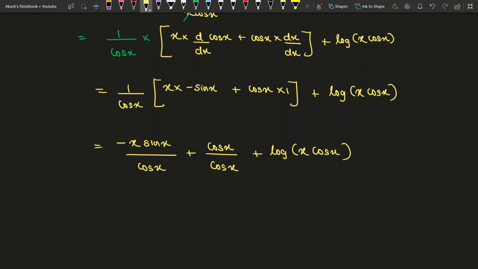Sin x by cos x cancel, you will get tan x. Correct? So this is going to be minus x tan x plus 1 plus logarithm of x cos x.